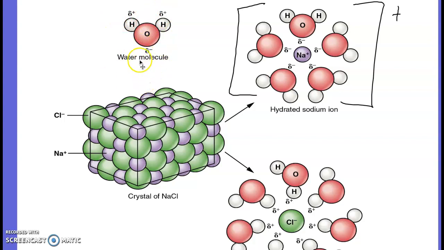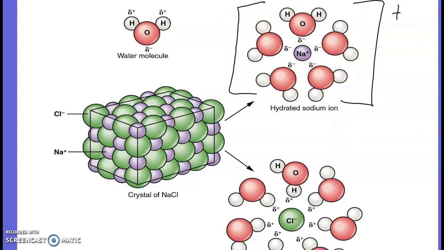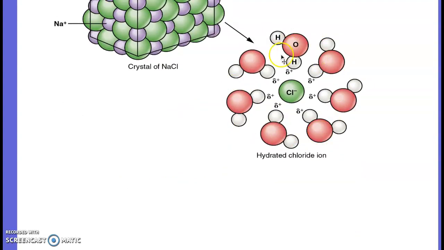It looks like Mickey Mouse. You have something like salt, and what happens is the polar molecule breaks this bond. This would be sodium chloride. You have sodium making this kind of bubble, what's called a cell around it. The same thing happens with the chlorine, but now the hydrogens, the positive ends, are pointed towards chlorine. We've seen this before.